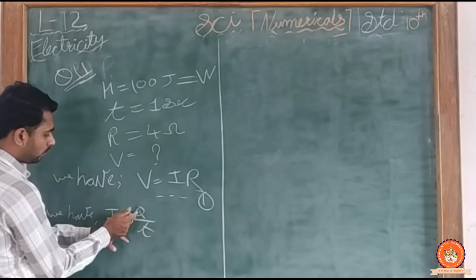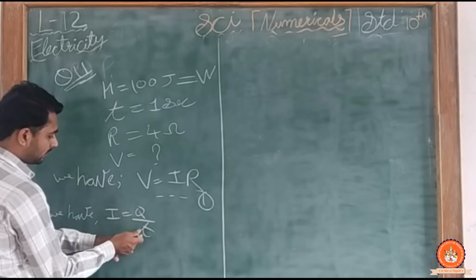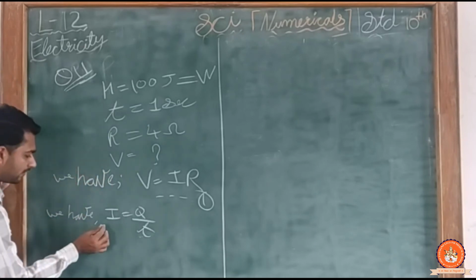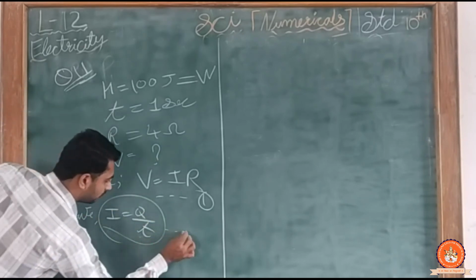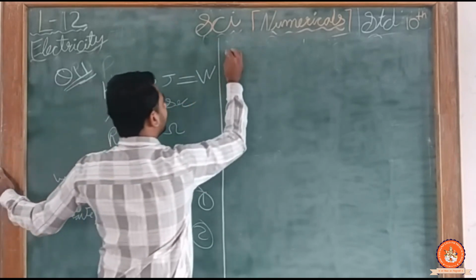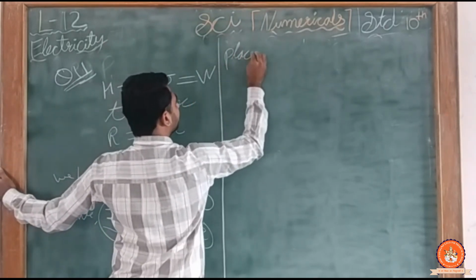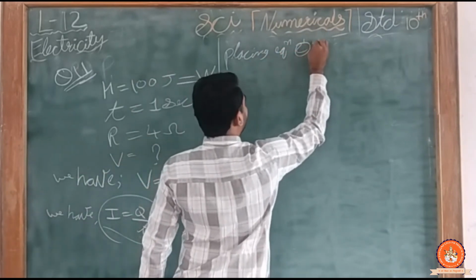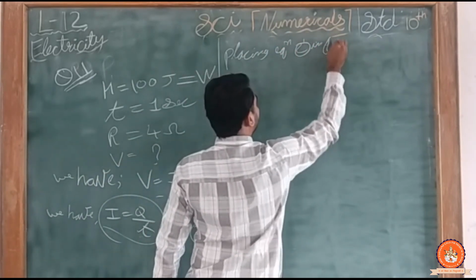Q and T. We don't have Q, but we have the T. So what are we doing? We are placing this equation 2, placing equation 2 in equation 1.